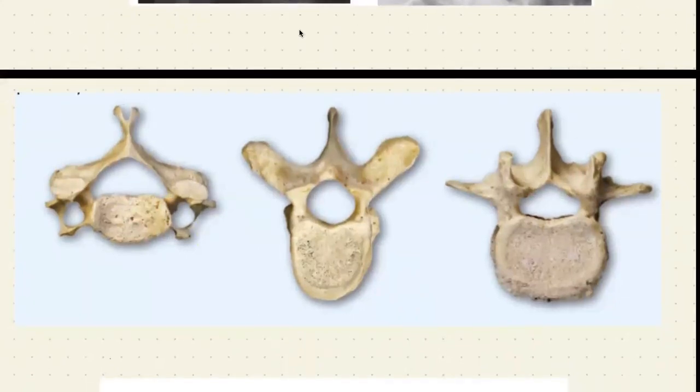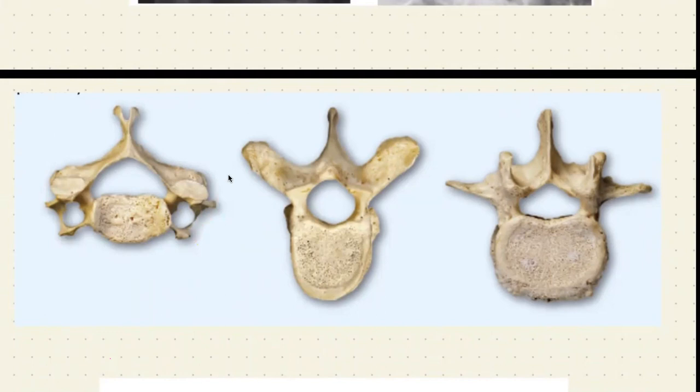Okay, Dr. Marufa, right? Where is she? Yes. Okay, doctor, could you tell me which vertebra this is? Cervical vertebra. Okay, so why do you say it is a cervical vertebra? Bifid spinous process.